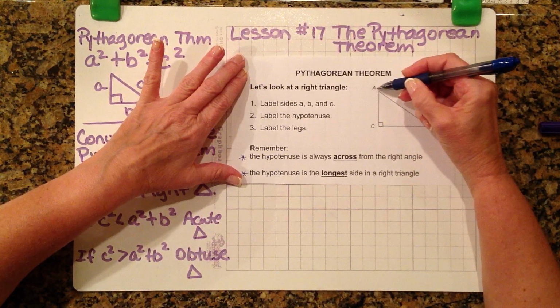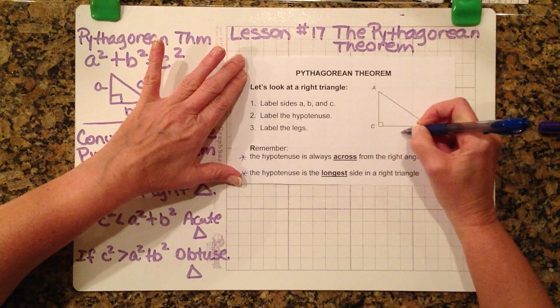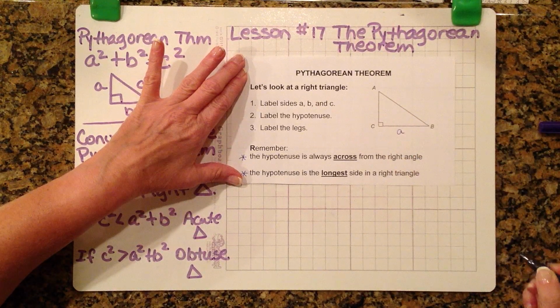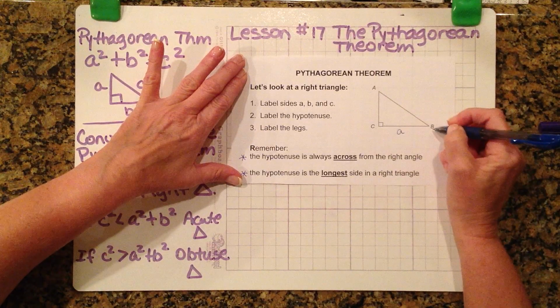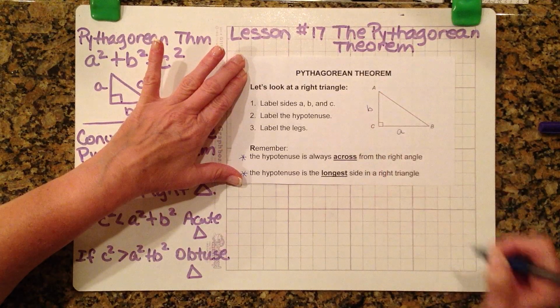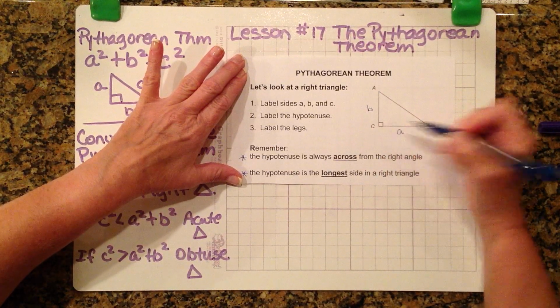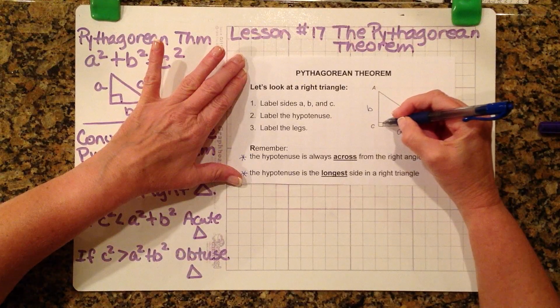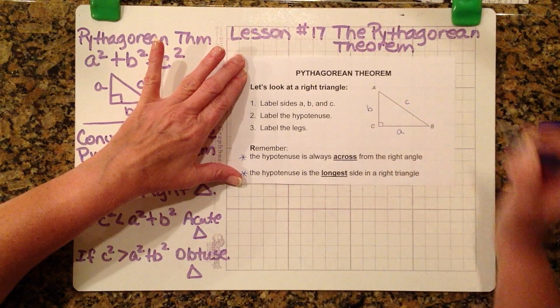And angle A is going to be opposite side A. Universally, this is the way you label a triangle. Angle B, side B is going to be opposite. And then angle C, you notice, is our right angle. It's going to be opposite, and that's side C.